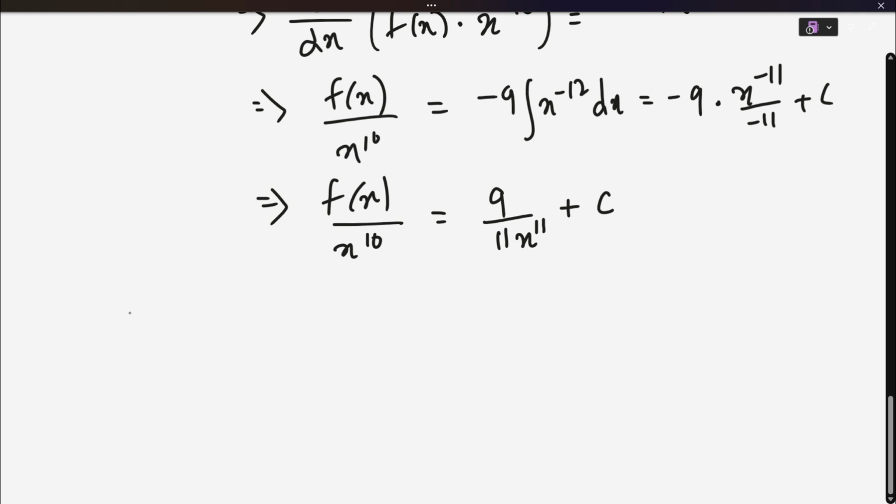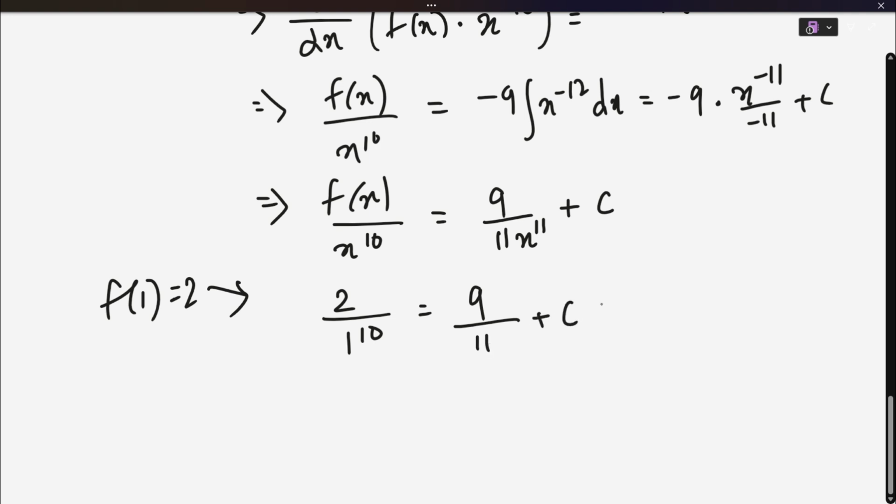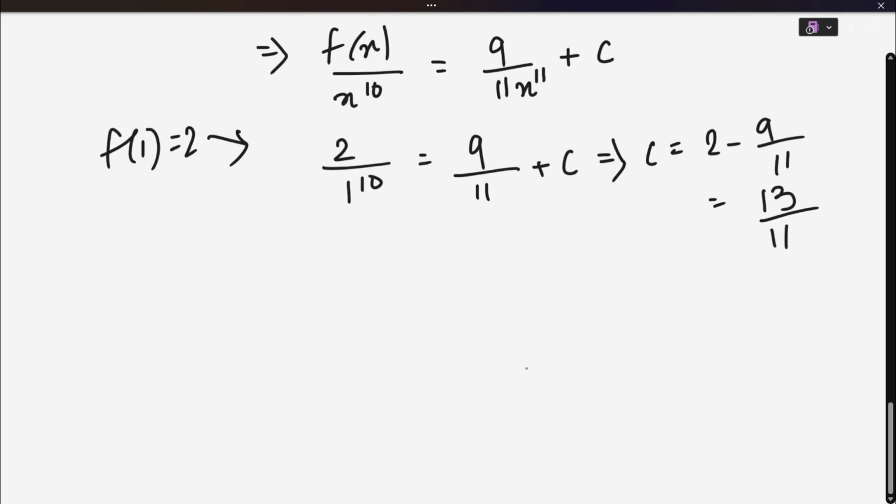Now we were also given the information that f of 1 equals 2. We can put this in this equation to get 2 by 1 to the power 10 is 9 by 11 plus c, which should give us c equals 2 minus 9 by 11, which is 22 minus 9, which is 13 by 11, right? 13 by 11.